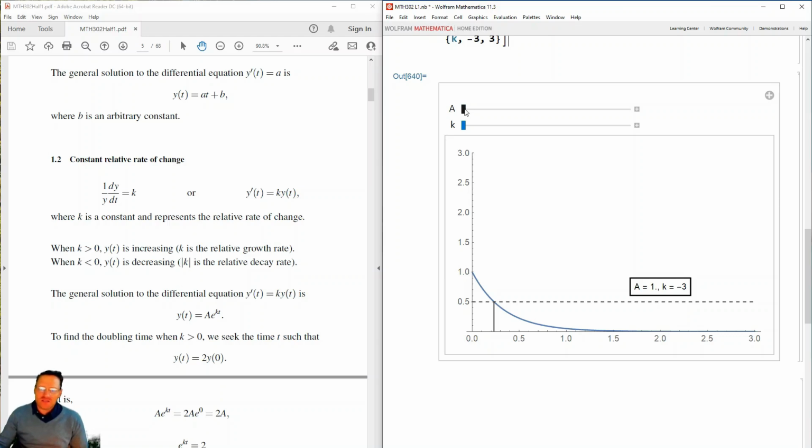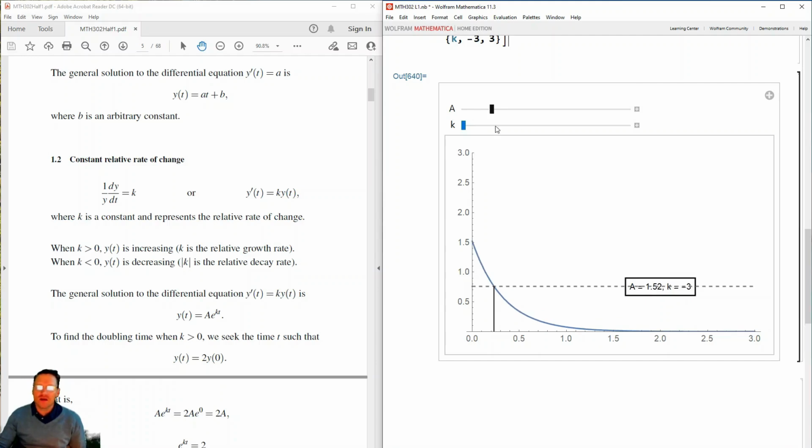Now suppose we change that initial value so we can see what happens. If I increase the value of a, keeping the exponent in the solution the same at minus 3, you can see we still have decay.